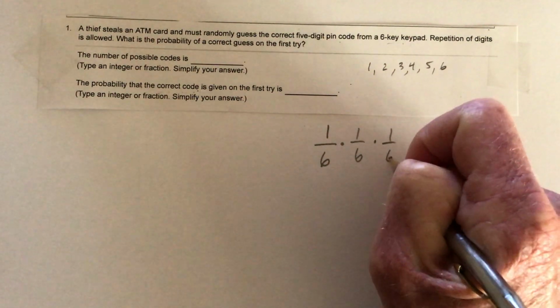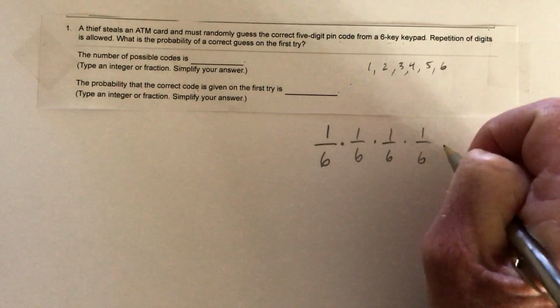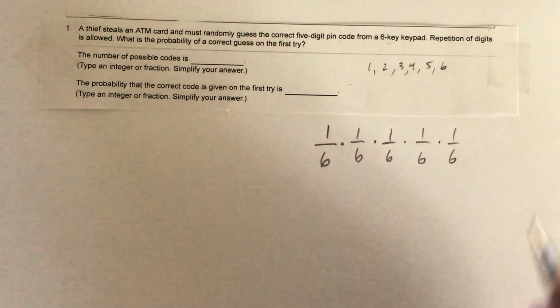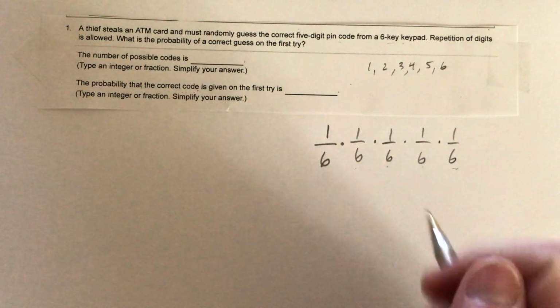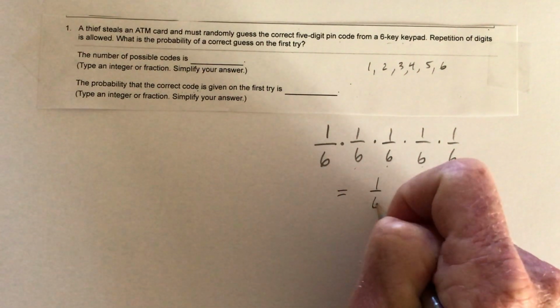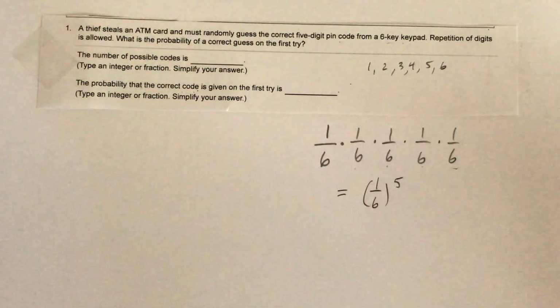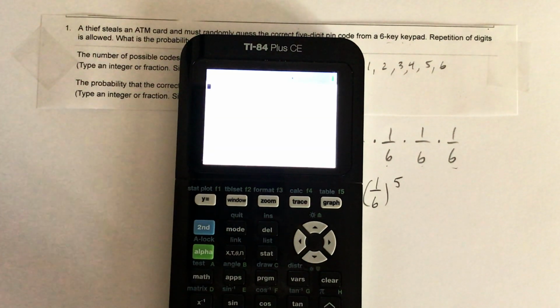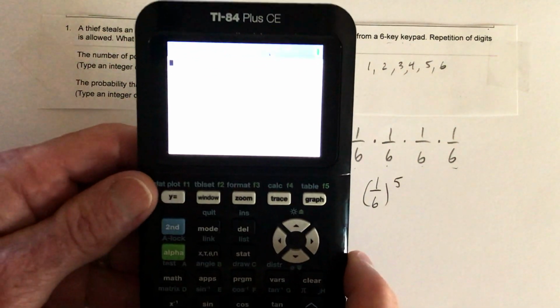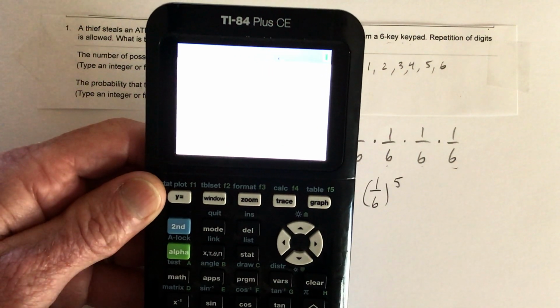So you could either put 1/6 times 1/6 times 1/6 times 1/6 times 1/6, or you could say that is 1/6 to the 5th power. Let me see if I can get the calculator to show up.